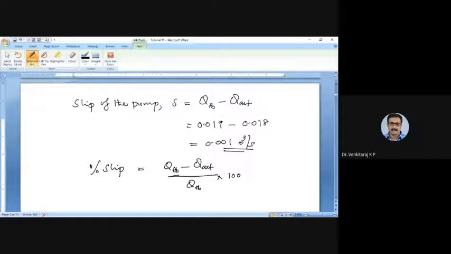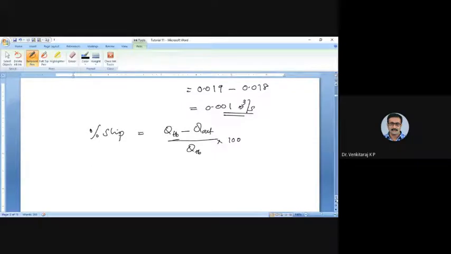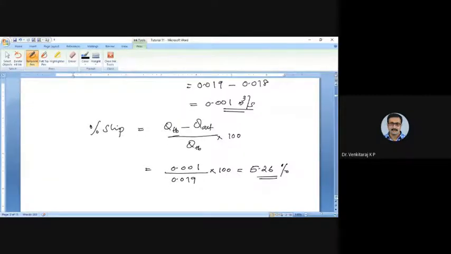So that again you can substitute: it is 0.001 by 0.019 into 100. The percentage slip is 5.26.